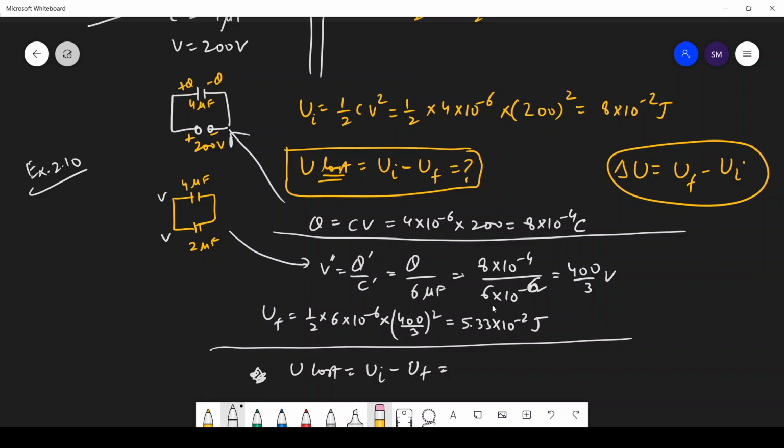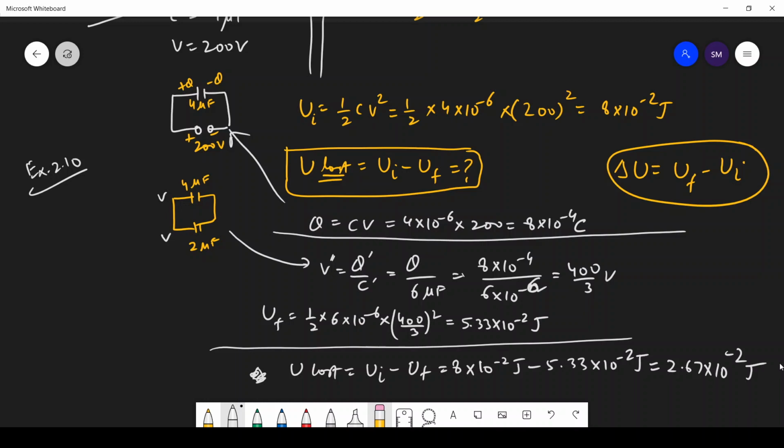So it was 8 into 10 to the power minus 2 joules, not the charge but the energy we are writing, minus 5.33 into 10 to the power minus 2 joules. So this comes out to be 2.67 into 10 to the power minus 2 joules. So this is the energy lost.